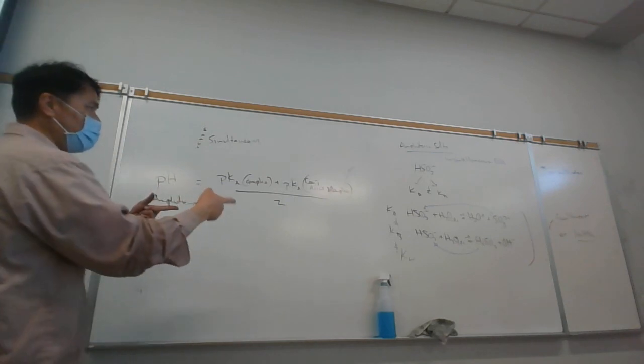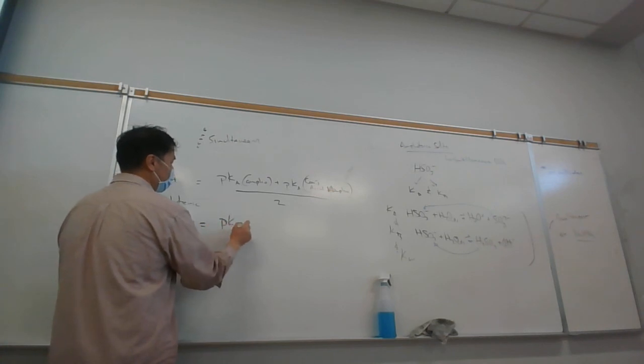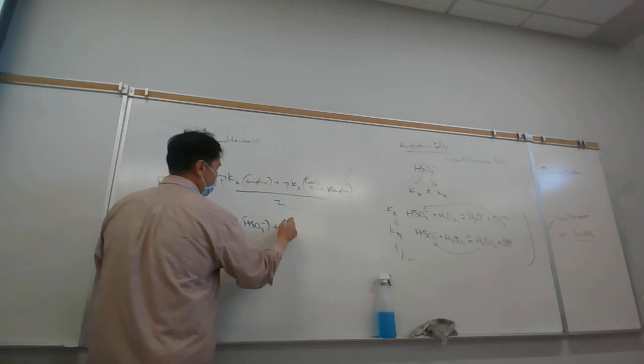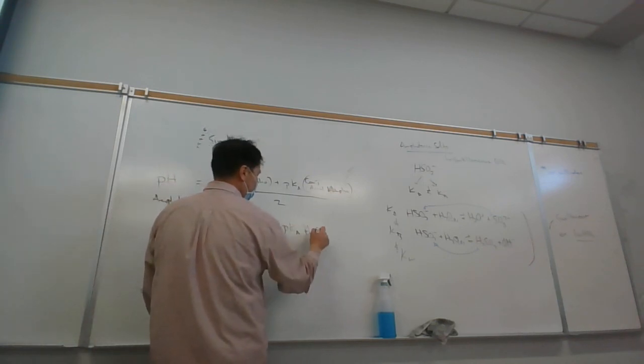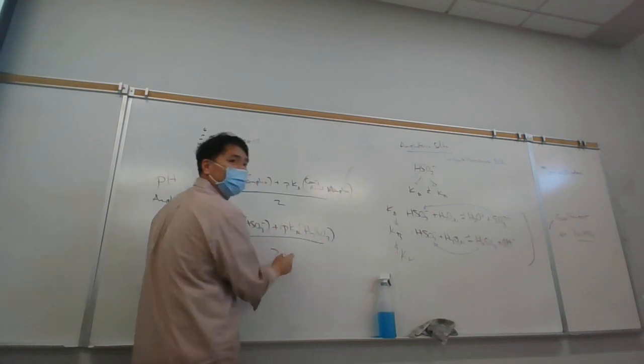So actually the pH of this turns out not to be that difficult. It's just going to be the pKa for HSO3 minus plus the pKa for the conjugate acid of that, which would be H2SO3, divided by 2.